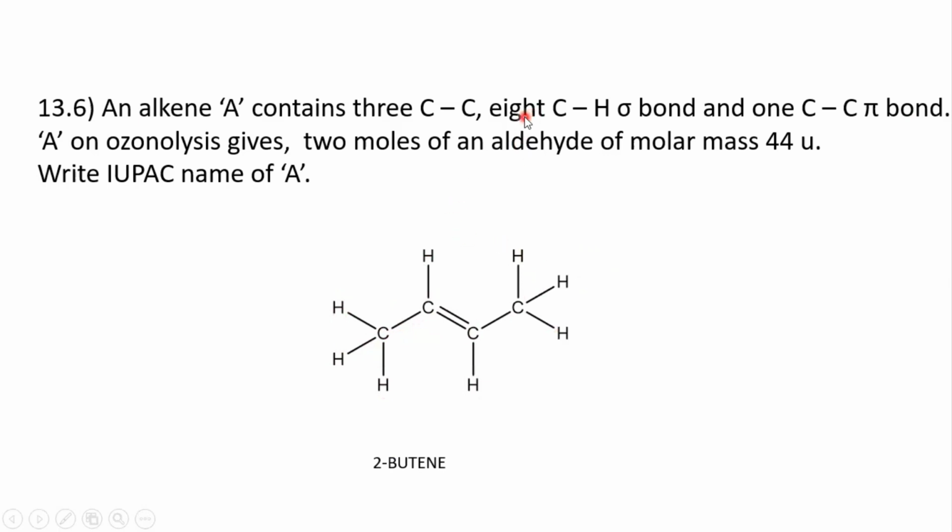So there will be 8 C-H sigma bonds. So 1, 2, 3, 4, 5, 6, 7, and 8. So that is 2-butene. So if you break it, you will get 2 moles of acetaldehyde, that is, the molecular mass is 44 units. So the compound is 2-butene.